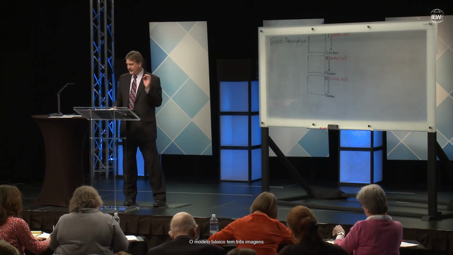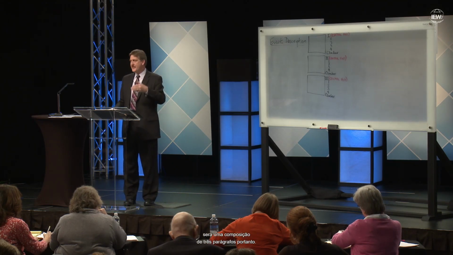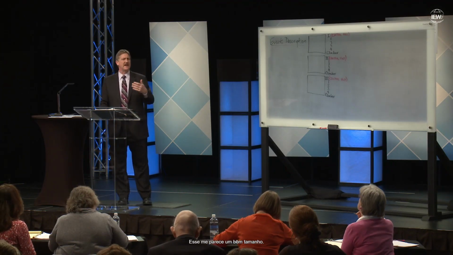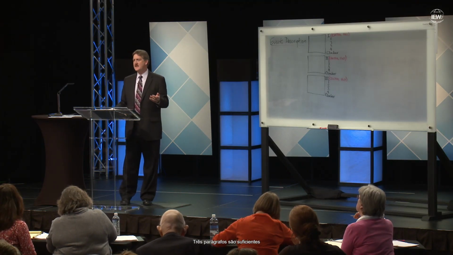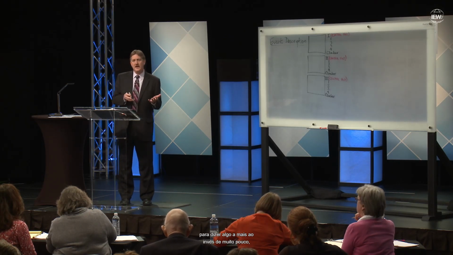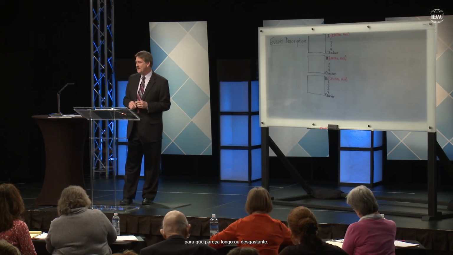Now, the basic model has 3 pictures, and therefore would be a 3-paragraph composition. That seems to be a nice length. 3 paragraphs is enough to say something more than just too little, but it's not too long or overwhelming.